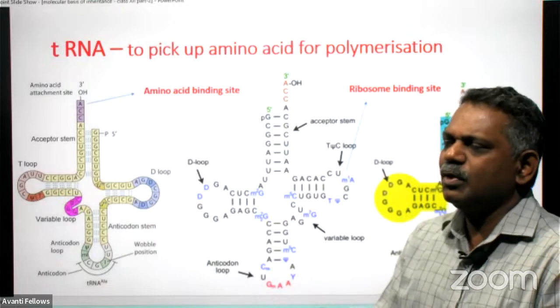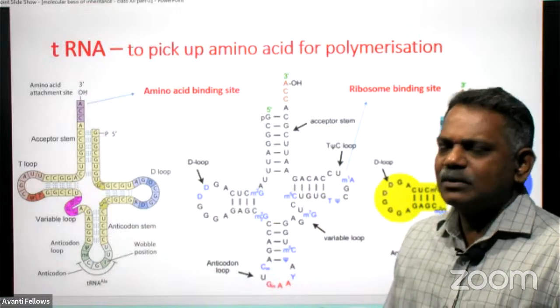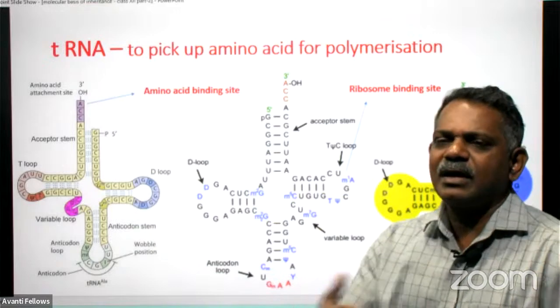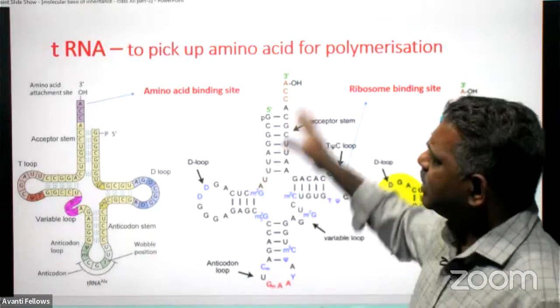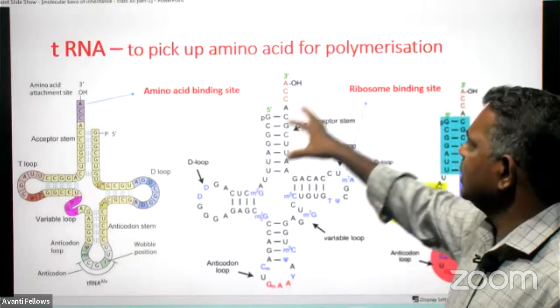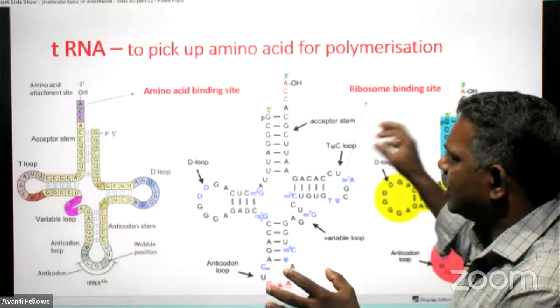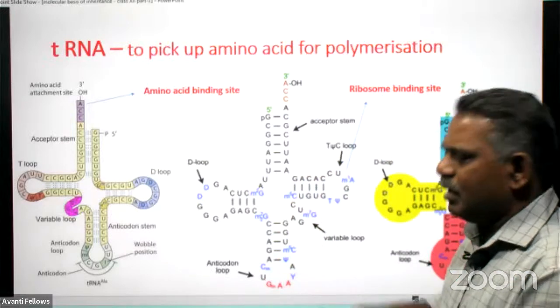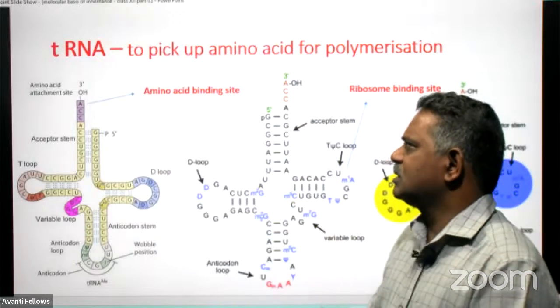In the amino acid pool in the cytoplasm, a lot of amino acids are available. So they have to find the correct amino acid to be placed in the correct sequence. That is done by the tRNA only. It picks up the amino acid for polymerization, for the addition of amino acids one by one, from the cytoplasm of the cell.